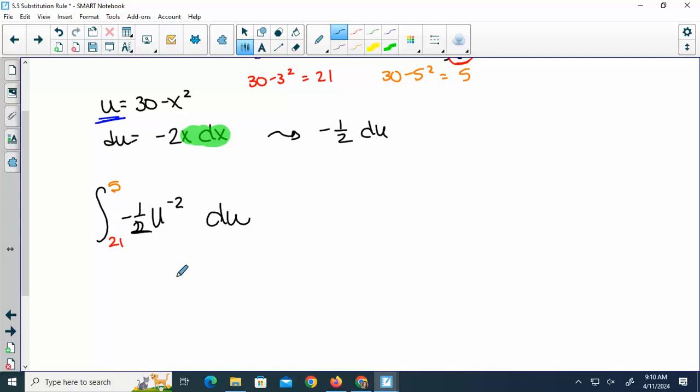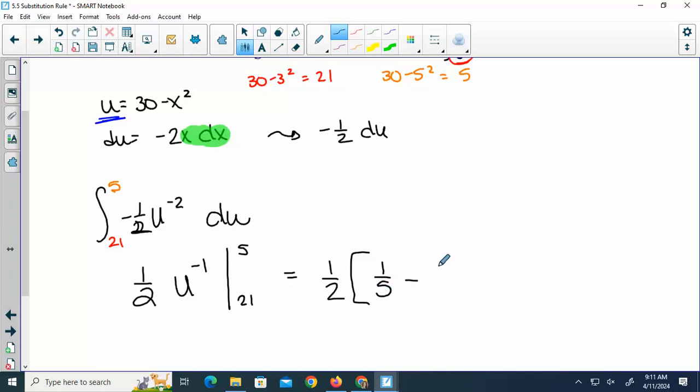So what is the antiderivative of negative 1/2 u to the negative 2? We add 1 to the power, we get negative 1. Reciprocal in front, so it would be 1/2 u to the negative 1. Because I changed my limits, I can now just evaluate from 21 to 5. If I put in my 5, 5 to the negative 1 is 1/5, minus, if I put in my 21, 21 to the negative 1 is 1/21.